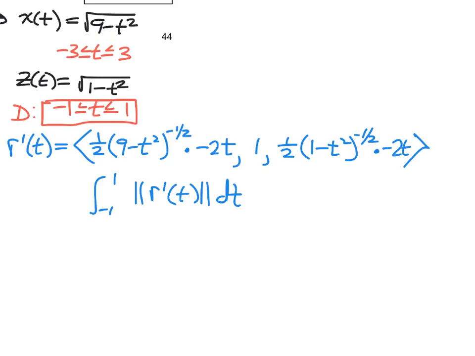Negative 1 to 1. And then hit enter. And it says, nah. So in this case, it didn't play out. So we'll have to work it out this way.